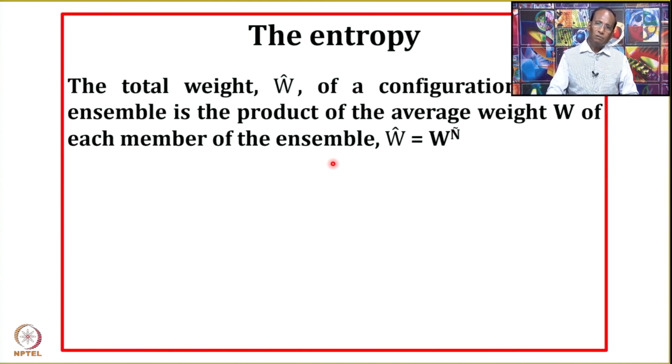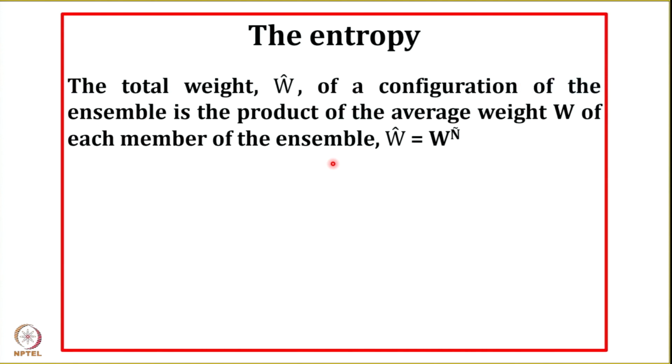But before that, let us connect entropy with the canonical partition function. By now we have introduced the total weight of a configuration. And if we need to connect this total weight of a configuration with the weight of each member, note the difference between the total weight of a configuration and the weight of each member.